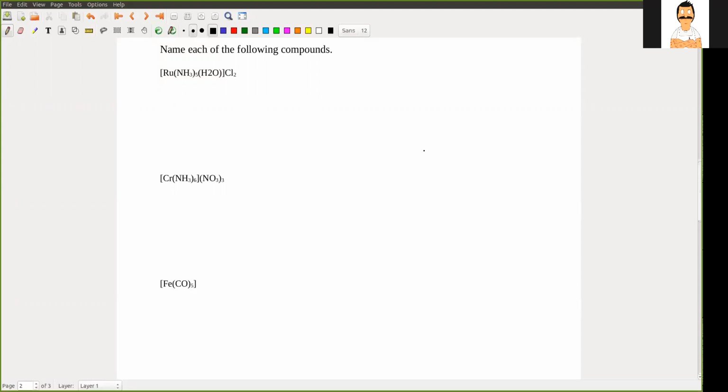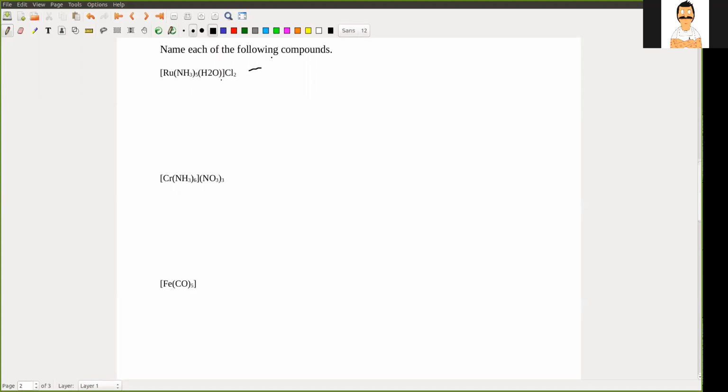And each species is listed in alphabetical order, so it's very important that you know what the shorthand term is for all the ligands involved. So that should be readily available to you. And so for this first one, what we want to do is, just like we did in our last video, find the oxidative state on ruthenium.